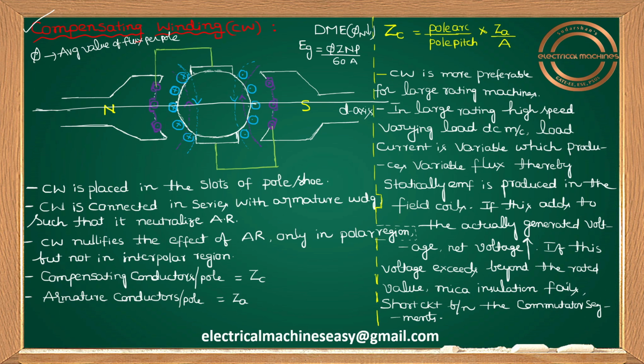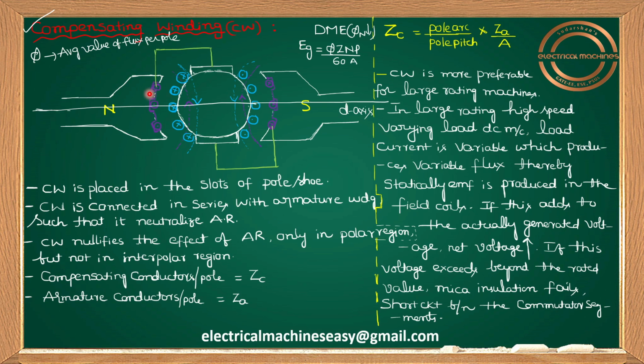So what we are doing is, in these main poles, I just provide some slots. Let me show you with the laser pointer. Yes, here I just made some slots under the north pole shoe. In this example, I have taken 1, 2, 3 slots. Here also I have taken 3 slots.